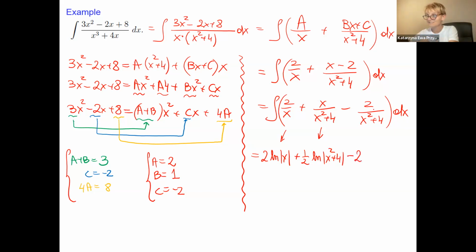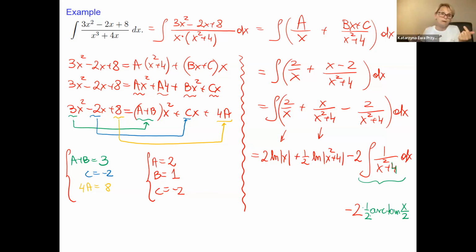And what about this integral? Who can tell me? It's x squared plus 4. If this were x squared plus 1, we know it would be just arctangent of x. But this one is arctangent, and that 4 affects the x, which we divide by 2, and we also divide the entire function by 2.